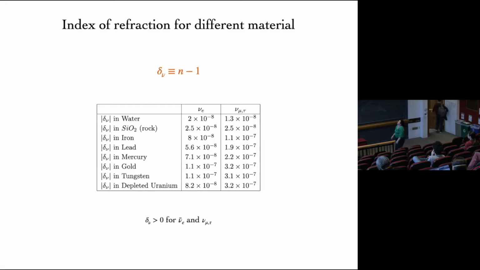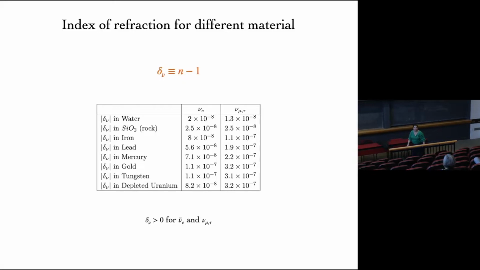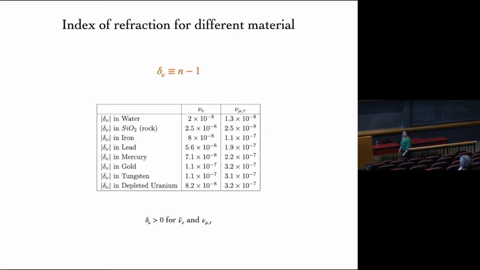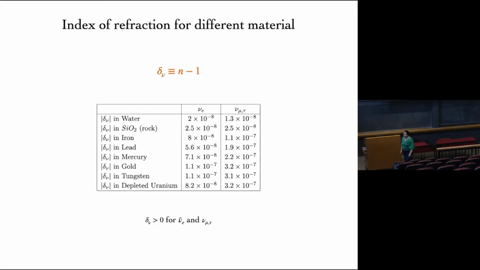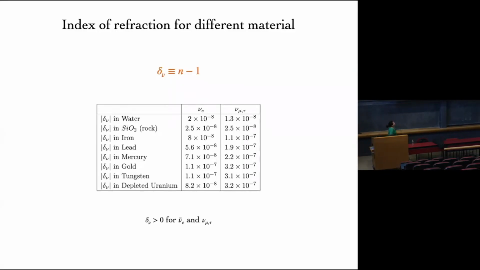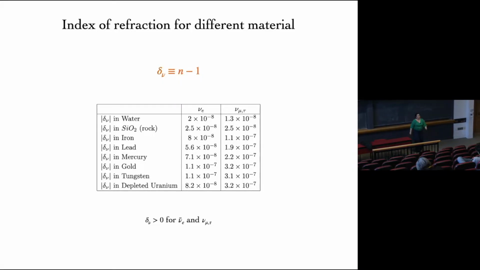In fact, the best material is gold, which gives very nice numbers. It's slightly expensive to build the whole structure that you manipulate neutrinos with, but you can perhaps use it for the detector. Gold has good properties for these things. The thing to remember is that delta nu, this quantity that measures how much the index of refraction differs from 1, is always larger than 0 for antineutrinos and for muon and tau neutrinos.